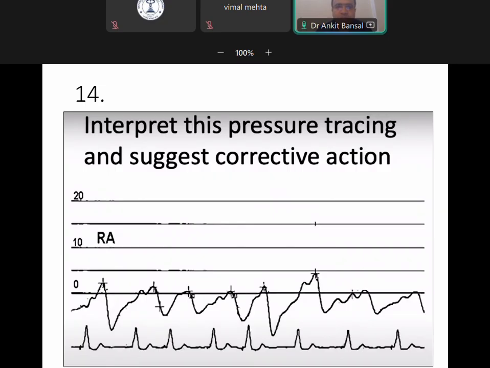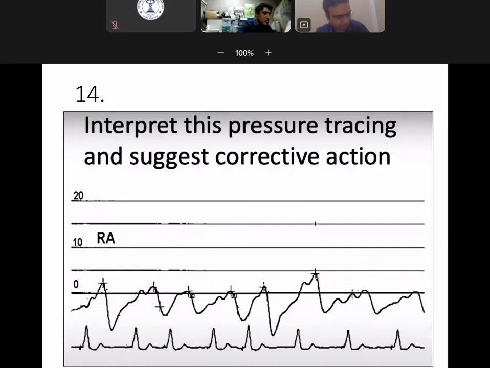So interpret this pressure tracing and suggest the corrective action. So one of the simplest spotters of this class.